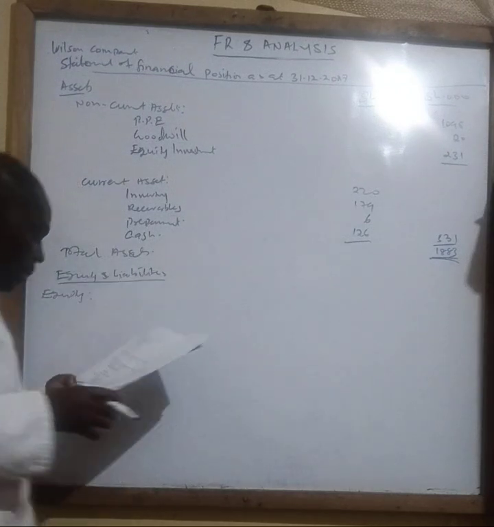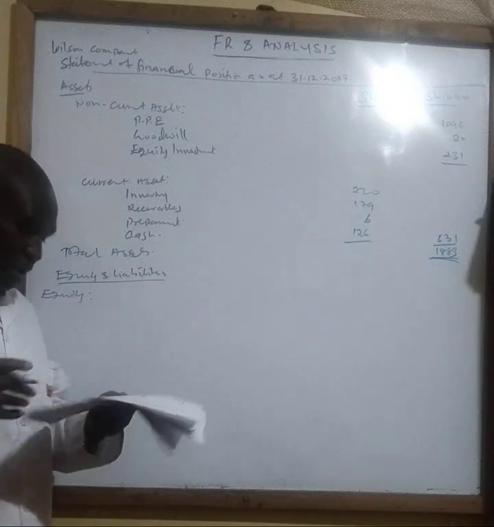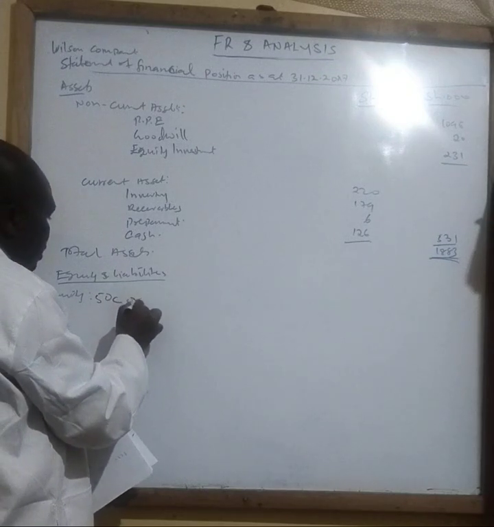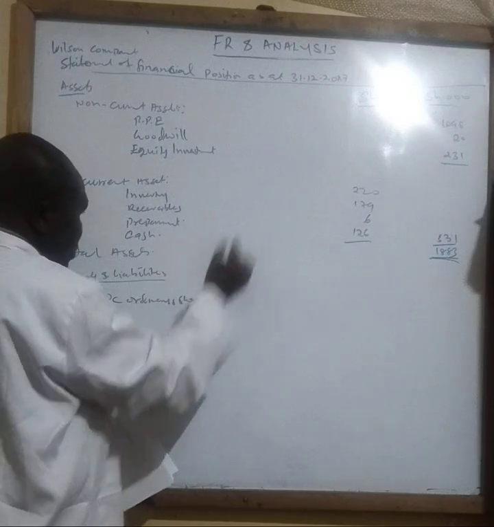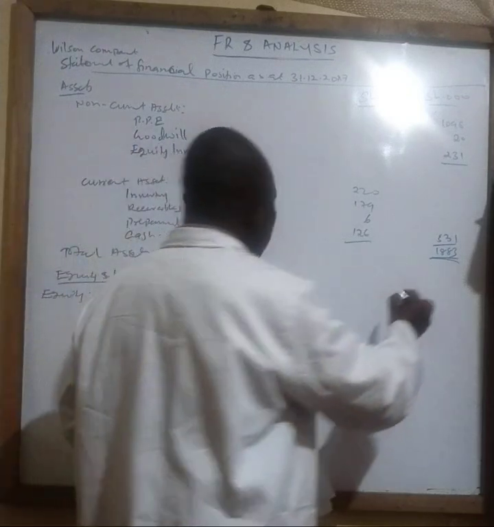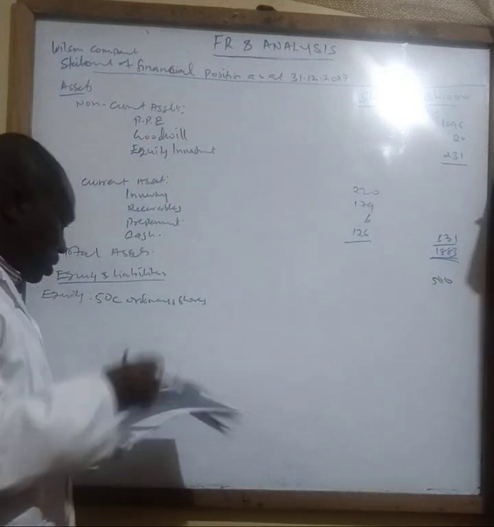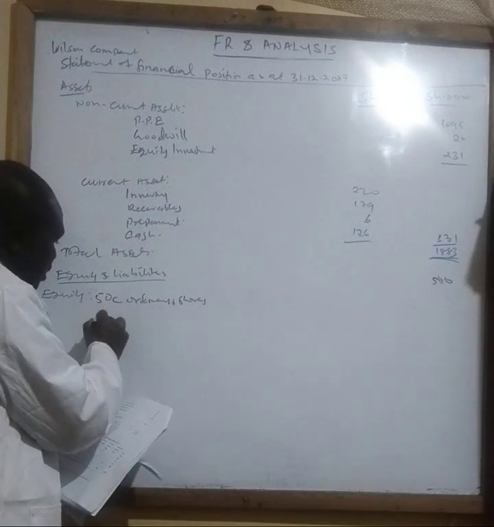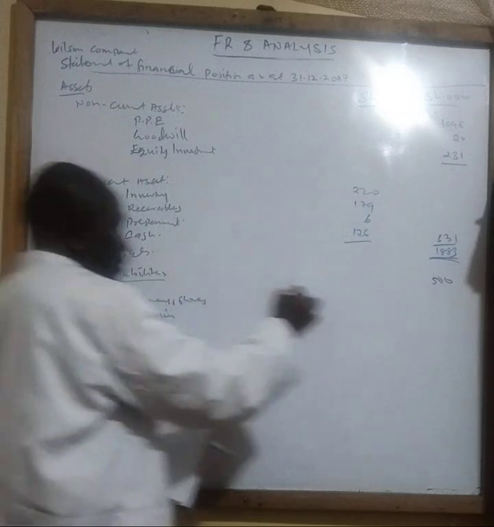Equity now, you go back to our question. We had already done the statement of changes in equity. We have 50 cents ordinary shares. We have made adjustment and we have found it to be 500. We have also worked out share premium, 70.